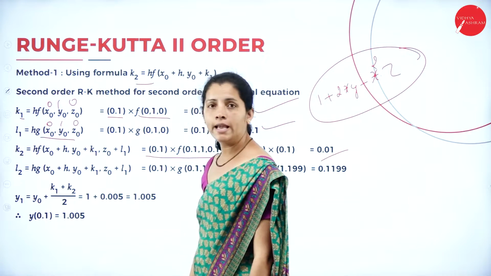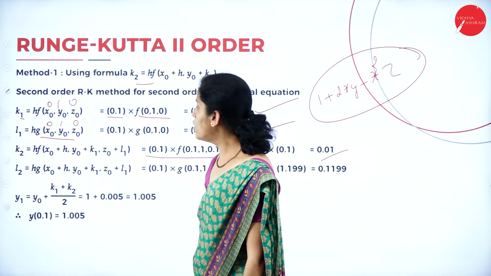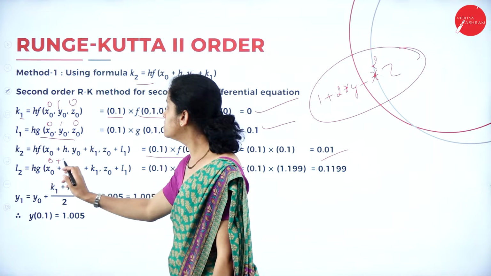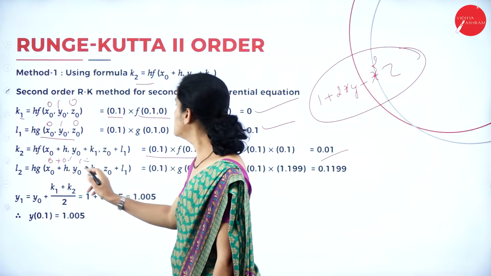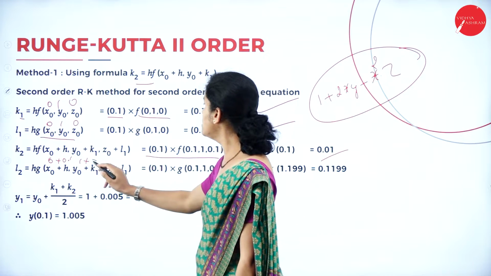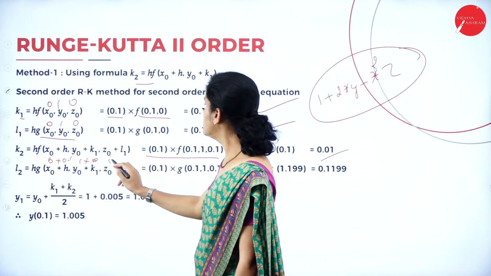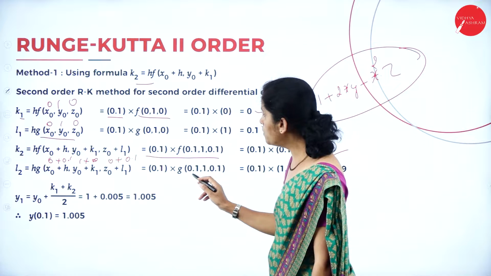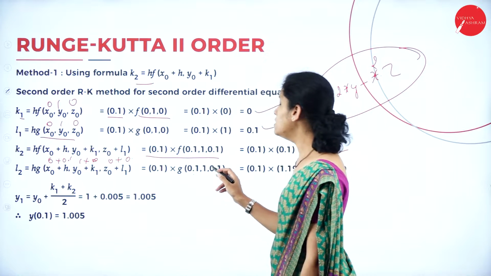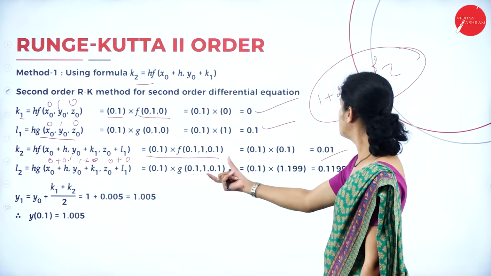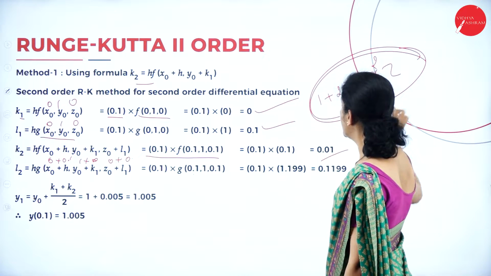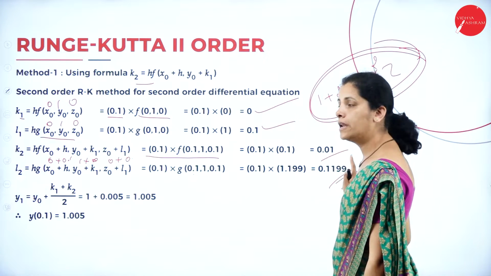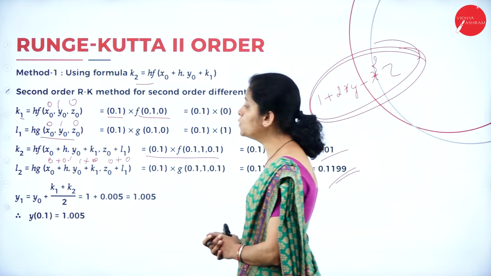Then I take x naught plus h, y naught plus k, z naught plus l. So x naught is 0 plus 0.1, y is 1 plus k1, which is 0, and z is 0 plus l1, which is 0.1. So g of 0.1, 1, 0.1. When I substitute these values in this equation, I'm going to get the answer 0.1199.